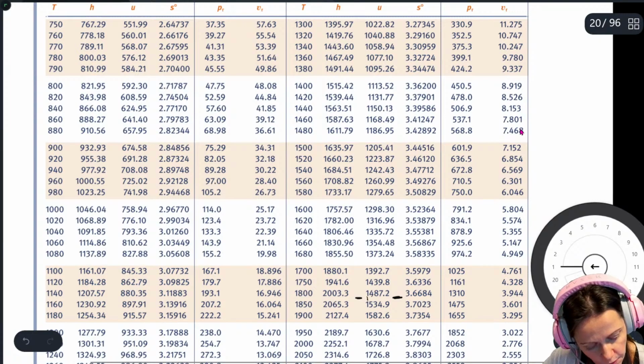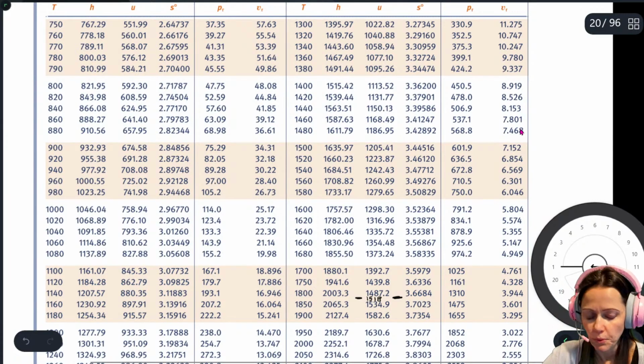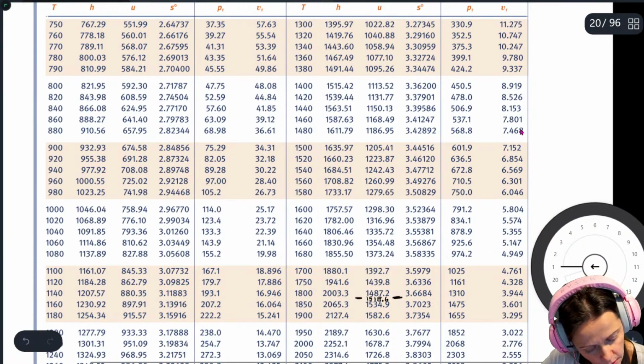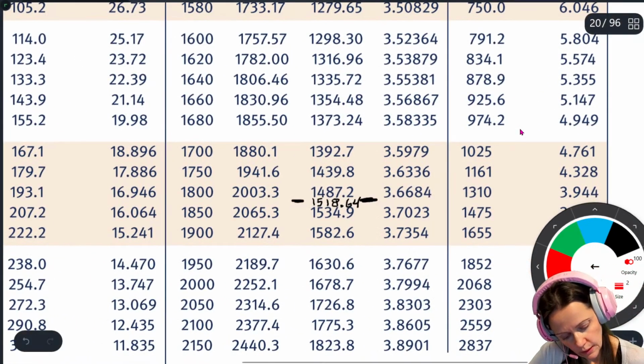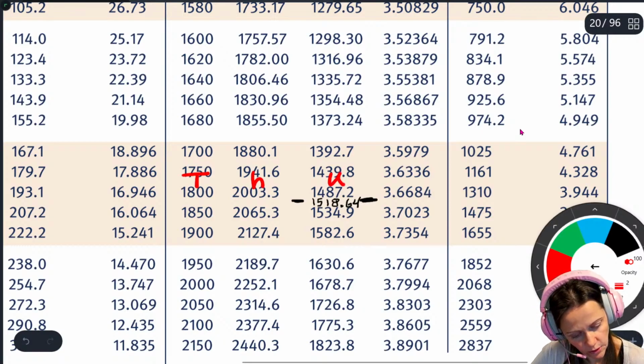So I'm going to zoom in as much as I can without it being confusing. This would be 1518.64. This is our temperature, this is our enthalpy, this is our internal energy, this is our S0 value, this is our PR, and this is our VR.